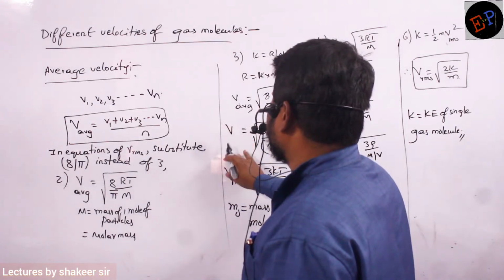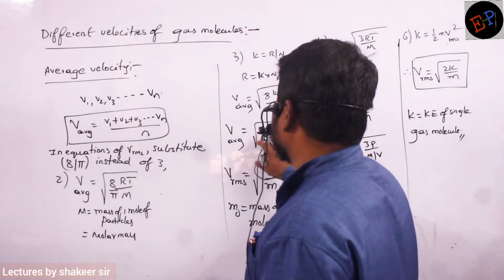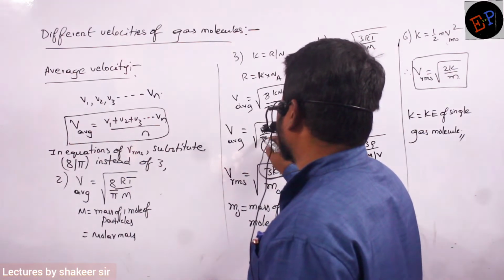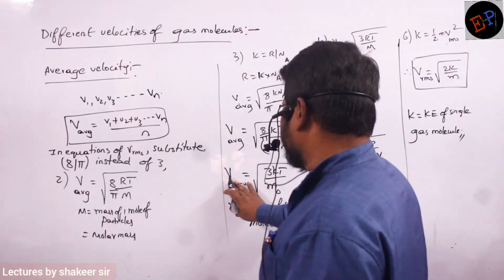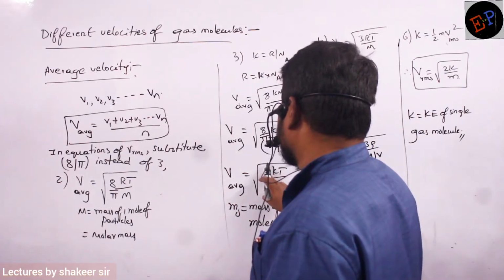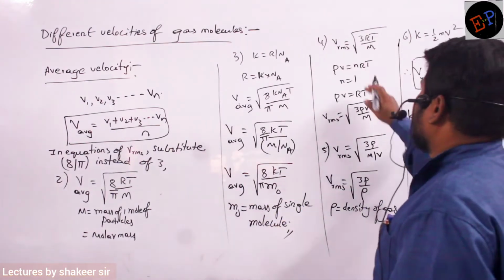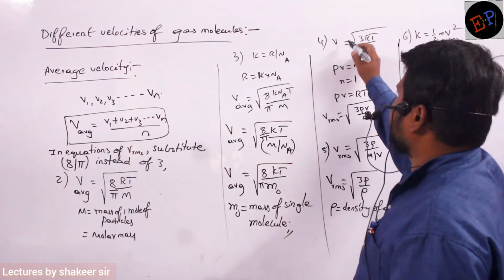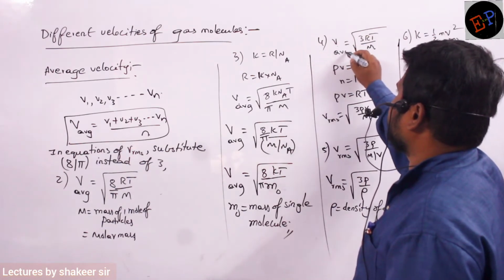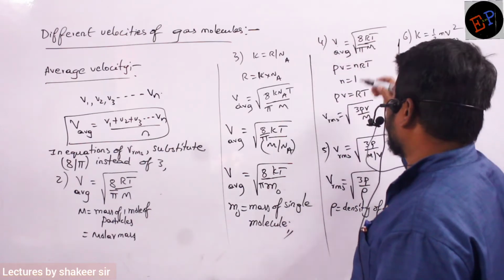So here also 8 by pi. So here also average 8 divided by pi. Everywhere you have to write the same values now. Average 8 by pi.